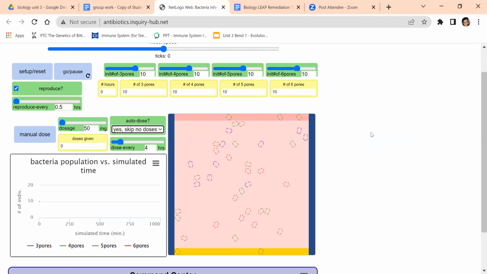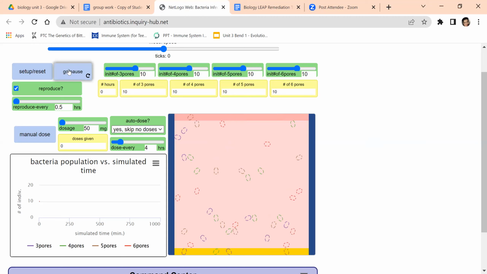And we're going to see how this population changes over time, even when we're taking antibiotics. Okay. All right. So we're going to set up, reset, and start the simulation.